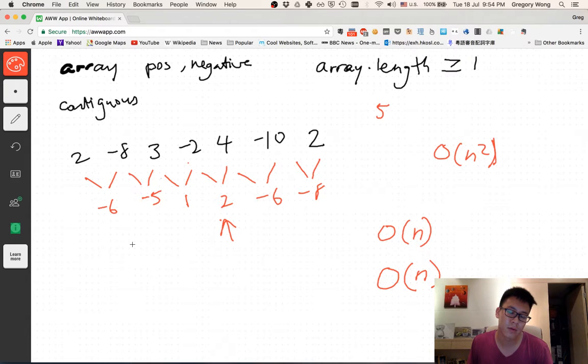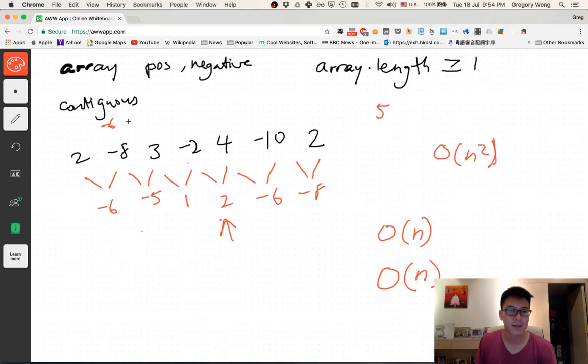Let's go back to that example when you summed up all the sequences that started with 2. So this would be... you can answer that if you want.